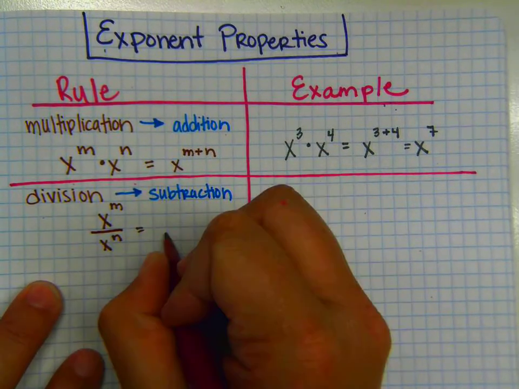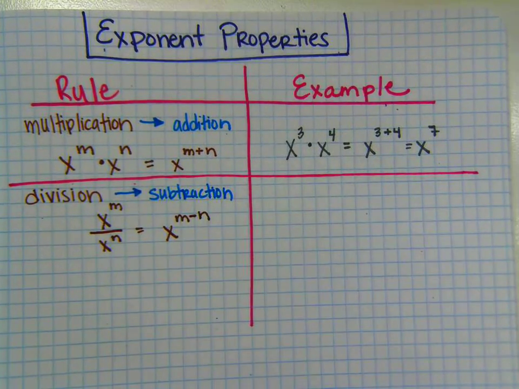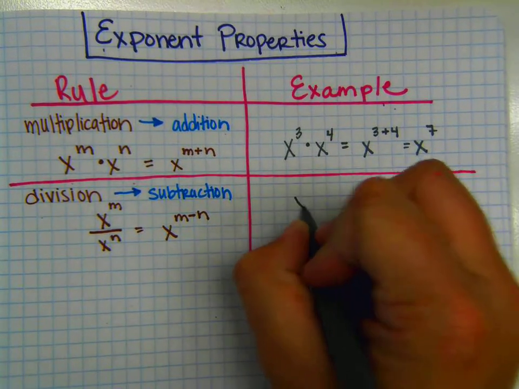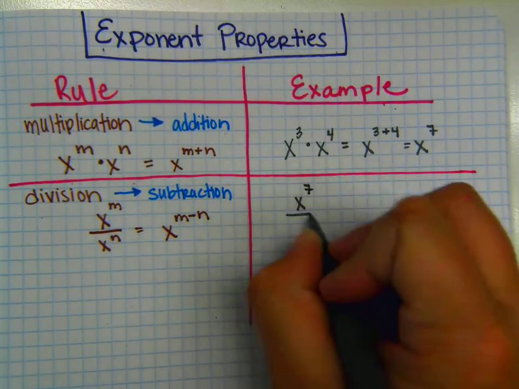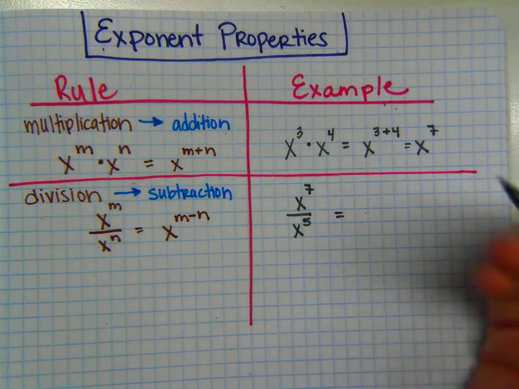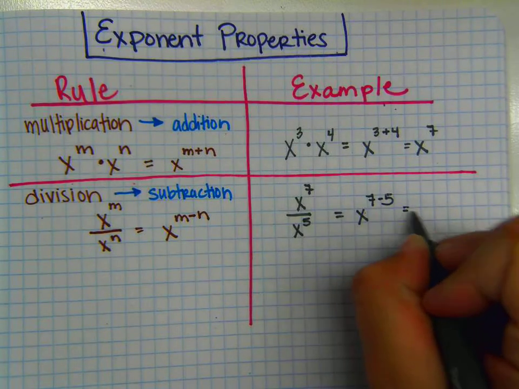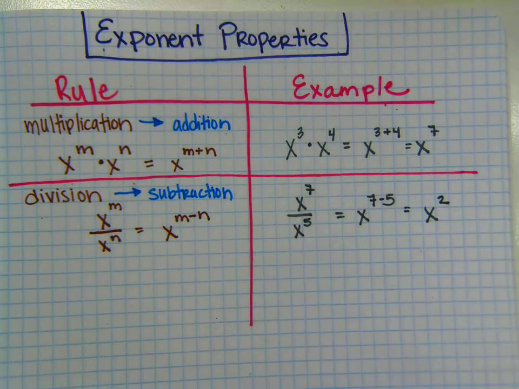So this would be x to the m minus n. So you take the top and you subtract the bottom. As an example, we could have x to the 7th over x to the 5th. And like I just said, you subtract. So it'd be x to the 7 minus 5, which would end up with x squared.